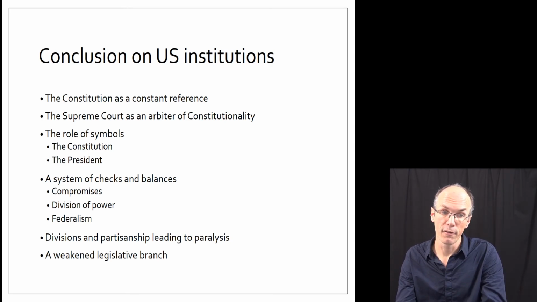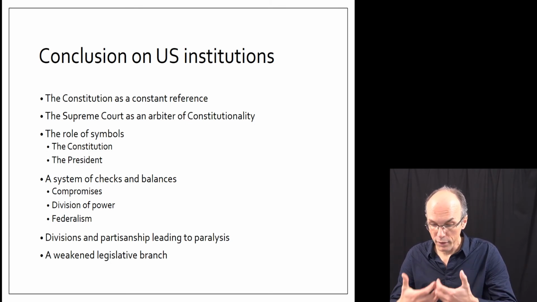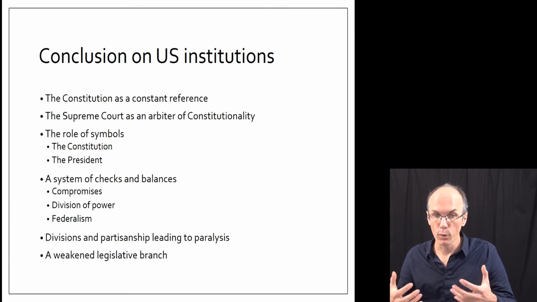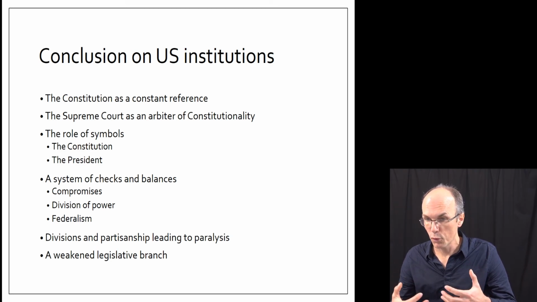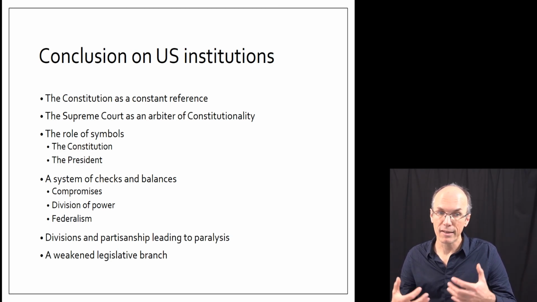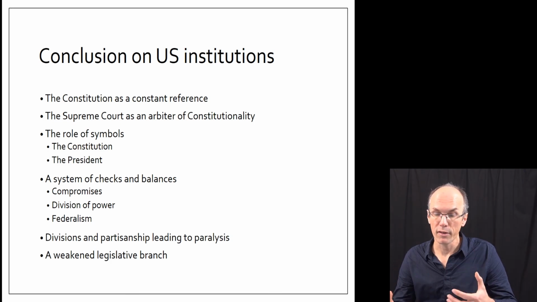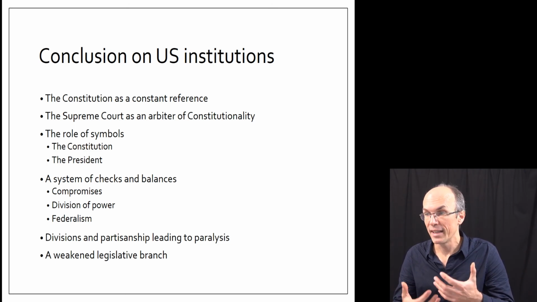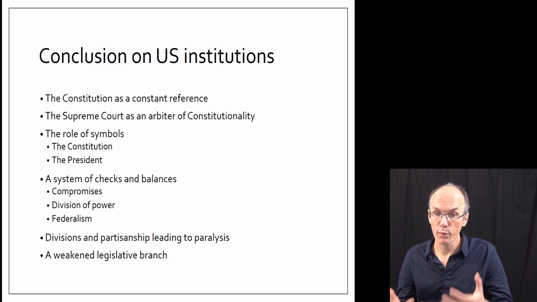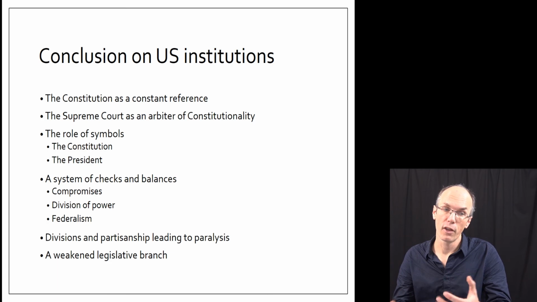And this division between the branches, this partisanship, that is the fact that people now think they have to vote with their party every time, is leading increasingly to a paralysis, and in particular to a much weakened legislative branch. Congress is widely seen as being ineffective, and this is a serious problem for democratic life in the United States.